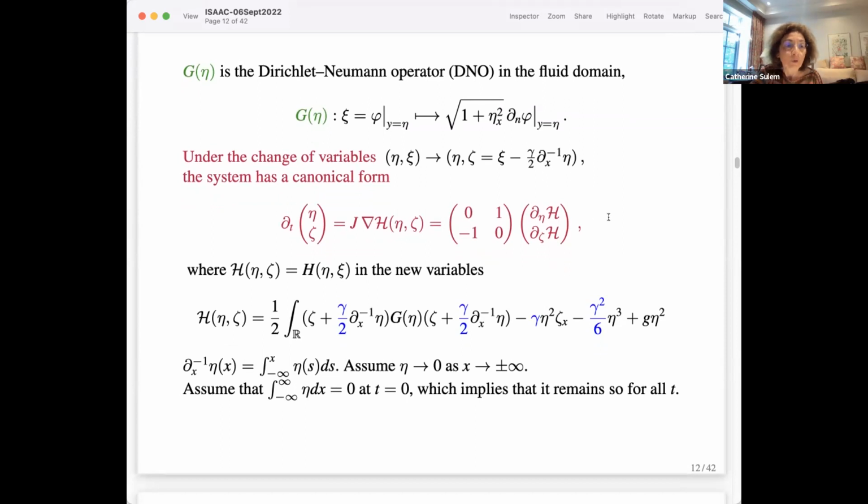And the Hamiltonian expressed in this new variable is written here with this calligraphic H. It's essentially the same with xi replaced by zeta. And the operator d to the minus 1 is defined as a primitive of eta, assuming that eta tends to 0 at plus or minus infinity. We will also assume that the integral of eta over the whole domain is 0. If it's true at t equals 0, it will remain the same.